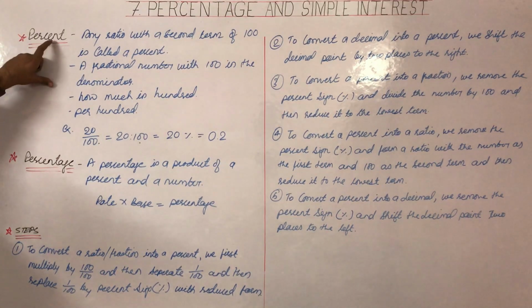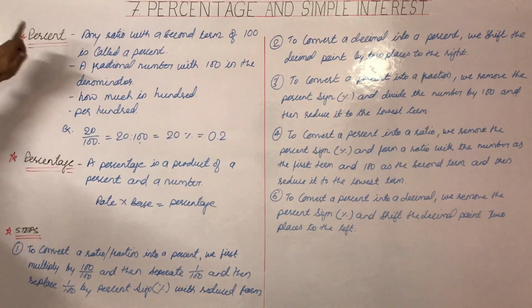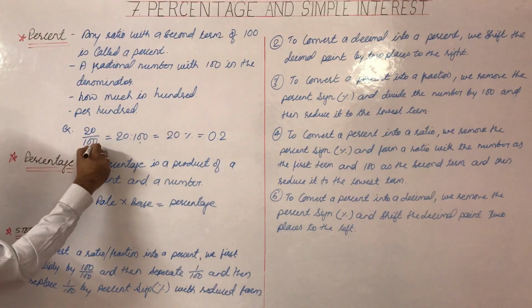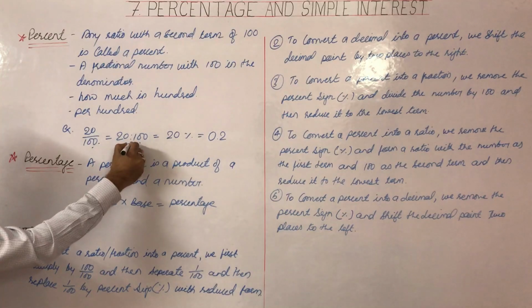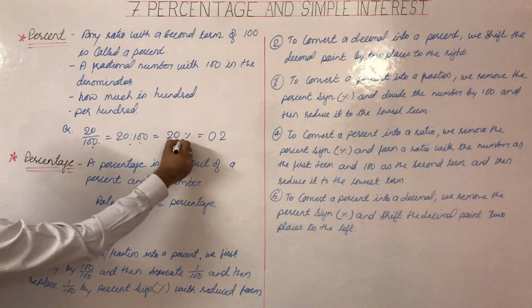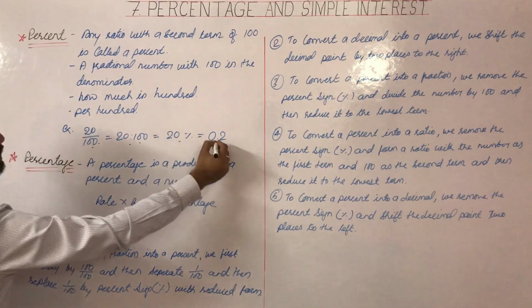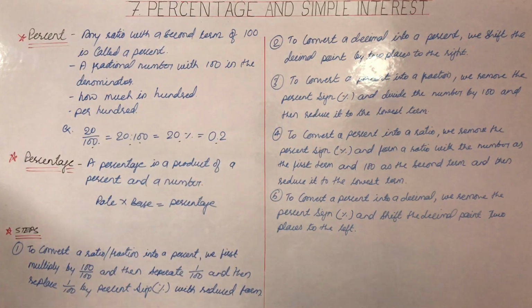Cent means 100, so percent means per 100. So how much in 100? 20 by 100, or in ratio 20 is to 100, or 20%, or in decimal form 0.02. This is percent.